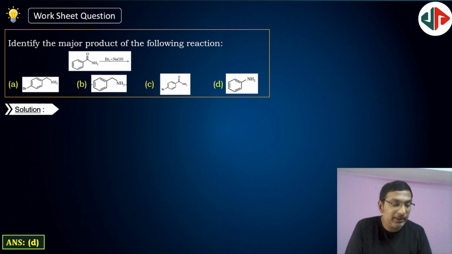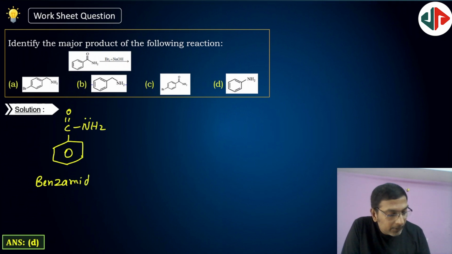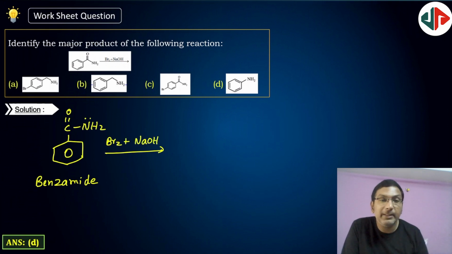Identify major product of the following reaction. This is also simple. CONH2, which is benzamide, with Br2 plus NaOH. Hoffman bromamide reaction.